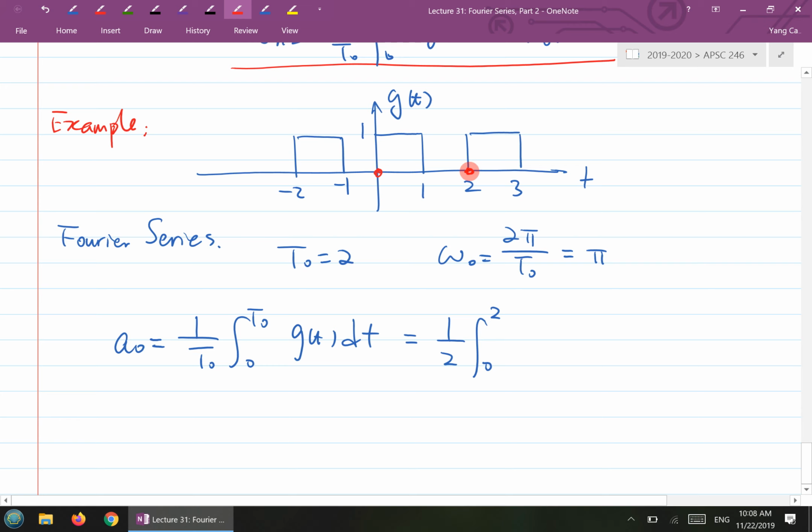Within this period, g of t is 0 between 1 and 2, and 1 between 0 and 1. So this integral really is just 0 to 1, and within that interval, g of t's value is 1. So overall, you get 1/2. And that's exactly what I showed you, the DC component, this DC is 1/2.